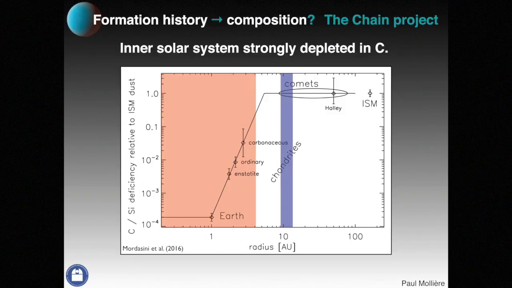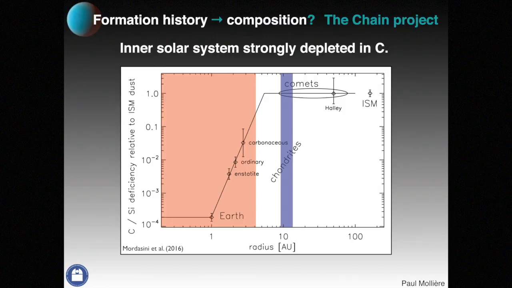So we looked a little bit in the literature, and what you find is that if you look at comets that originate somewhere in the outer parts, the carbon abundance is roughly similar to what you find in the ISM. But when you go further inside, if you look at asteroids and at chondrites, so carbonaceous chondrites, ordinary chondrites, enstatite chondrites, which are supposed to form increasingly further in, you find that these are increasingly more strongly depleted in carbon.